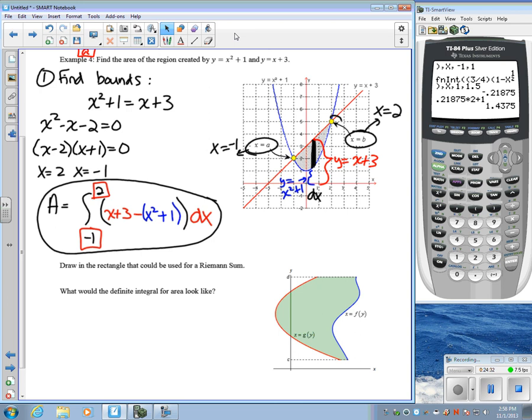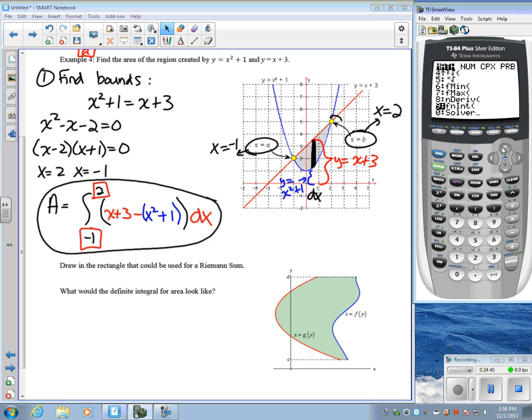So I need to multiply by the width, and then my bounds were the two x values I found, from negative 1 to 2. I could evaluate this using my calculator. And again, we should be okay at this. We need some parentheses though. x plus 3, we need to subtract, parentheses, x squared plus 1. Those extra parentheses right there are very important.